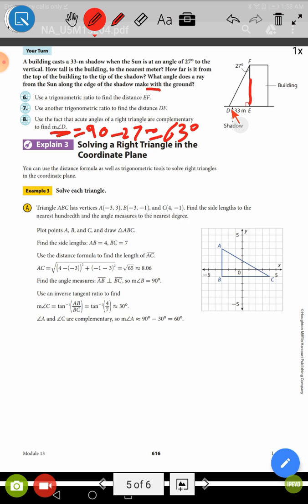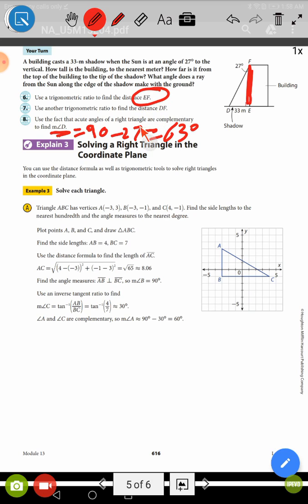Okay, how to find EF? That is the first question. Use sine or cosine or tan, then cross multiply. For example, we have here 33. According to the given angle, it's opposite, and that side is adjacent, so we will use tan 27.